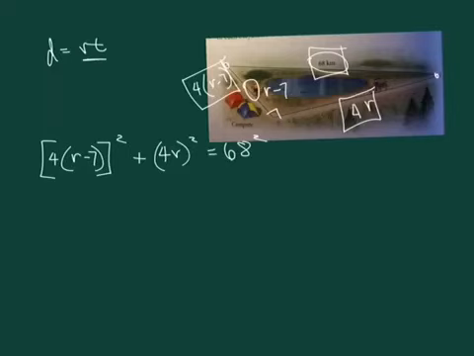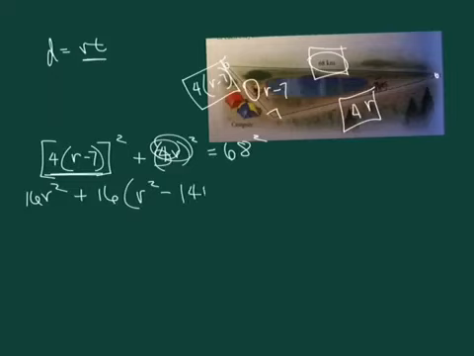We've got 16r squared, that's this here, plus, let's do this right here, 4 times 4 is 16, and then r minus 7, the quantity squared, is going to be 68 squared, which is 4624. I got that off the book, I'm not that smart.